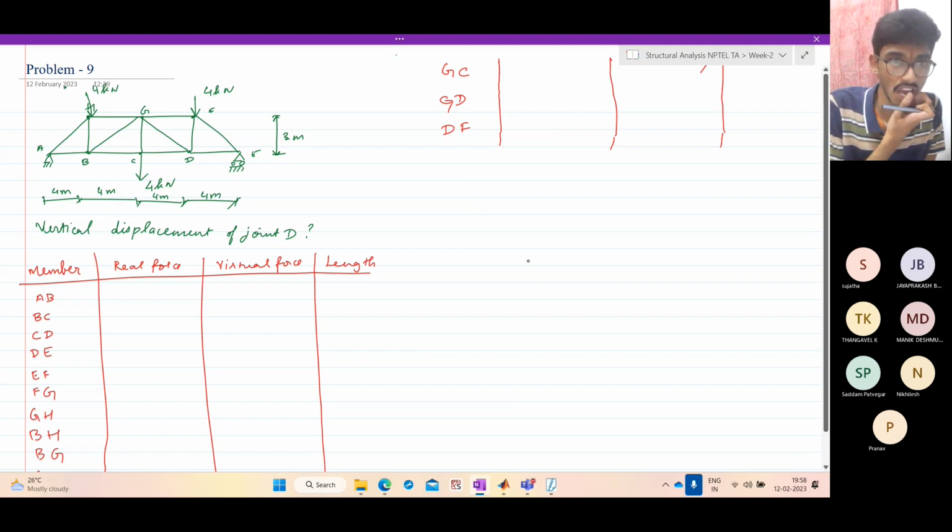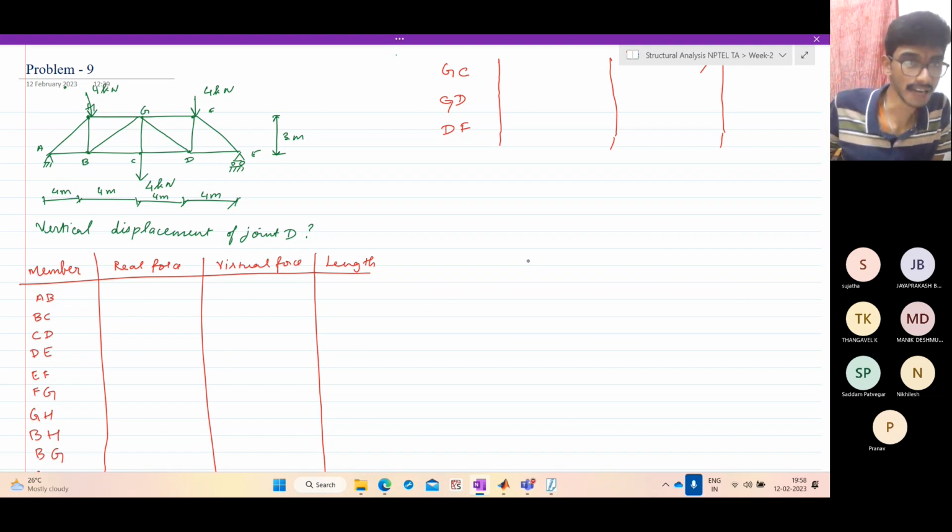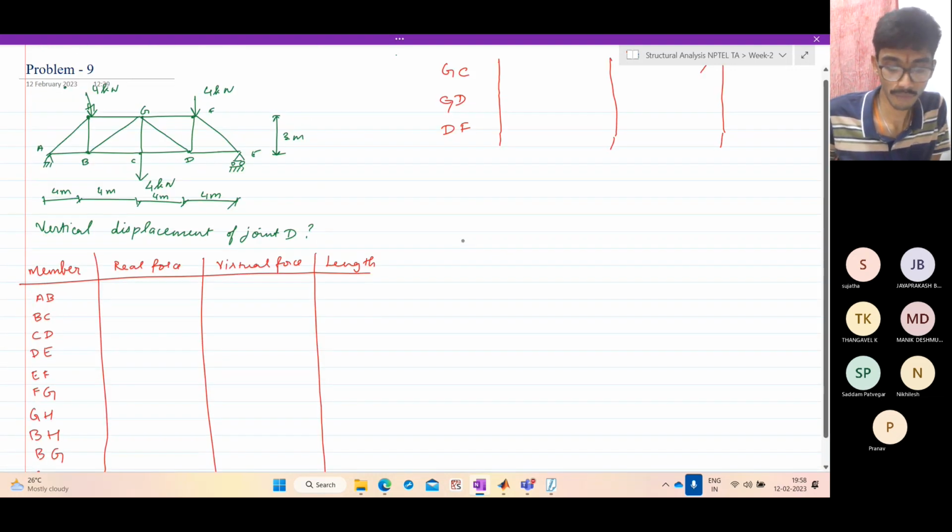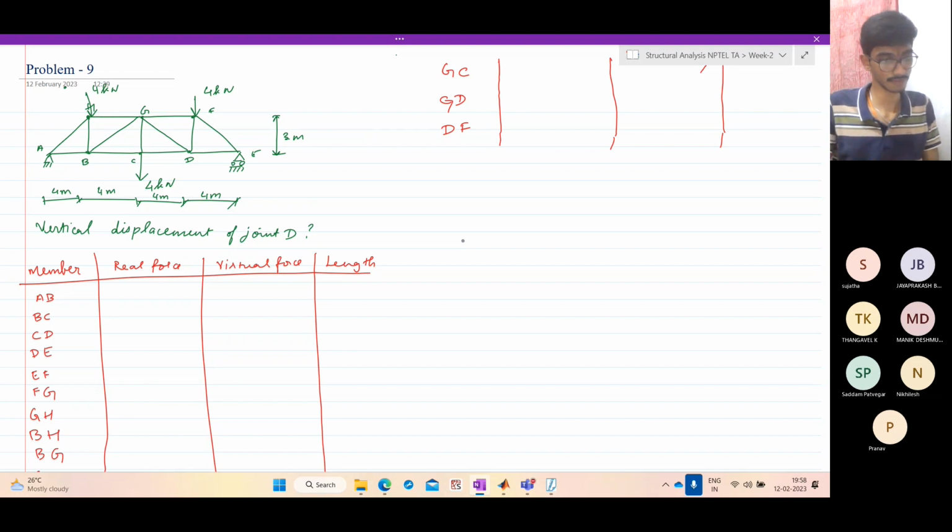So, okay, what is asked? They're asking the vertical displacement of joint D. Yeah, I think there is a question very similar to this in assignment 3.